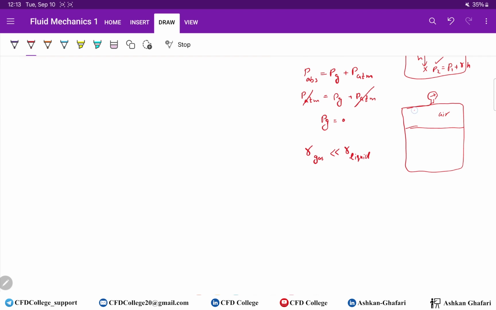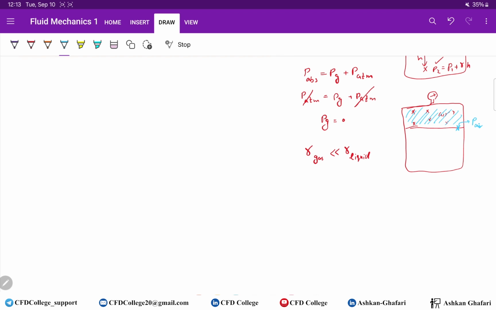It means that the pressure at this point equals the pressure at this point, and this point, and this point. So the air pressure is the same in this region, and the pressure on this interface, the surface level of any liquid, whether water or oil, equals the air pressure.